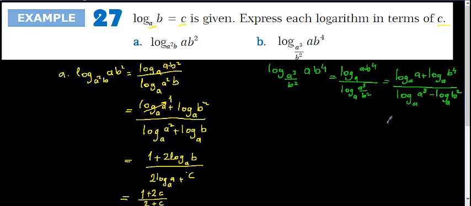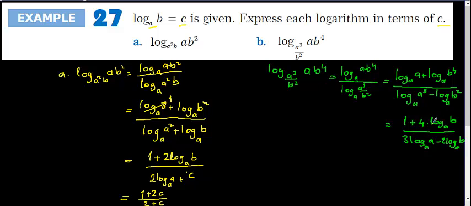It's going to be equal to logarithm base a of a is equal to 1, plus 4 times logarithm base a of b, over 3 times logarithm base a of a minus 2 logarithm base a of b.